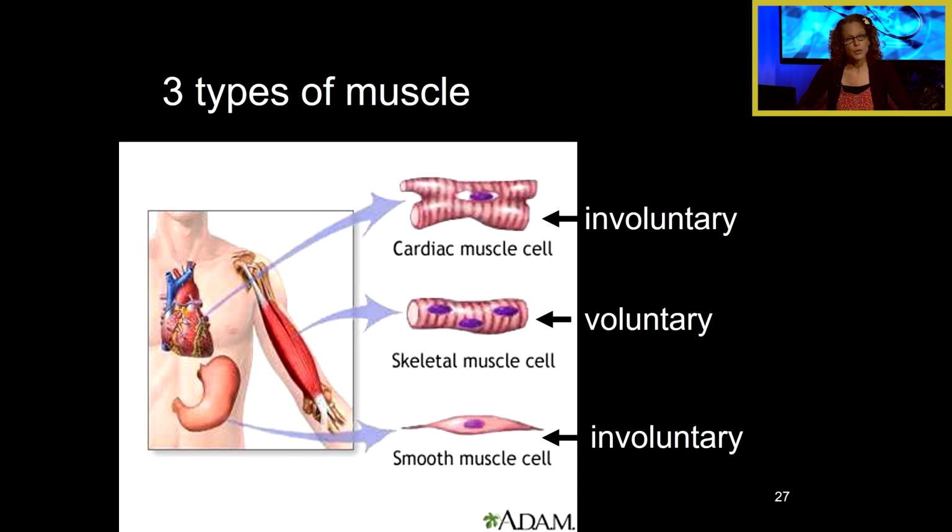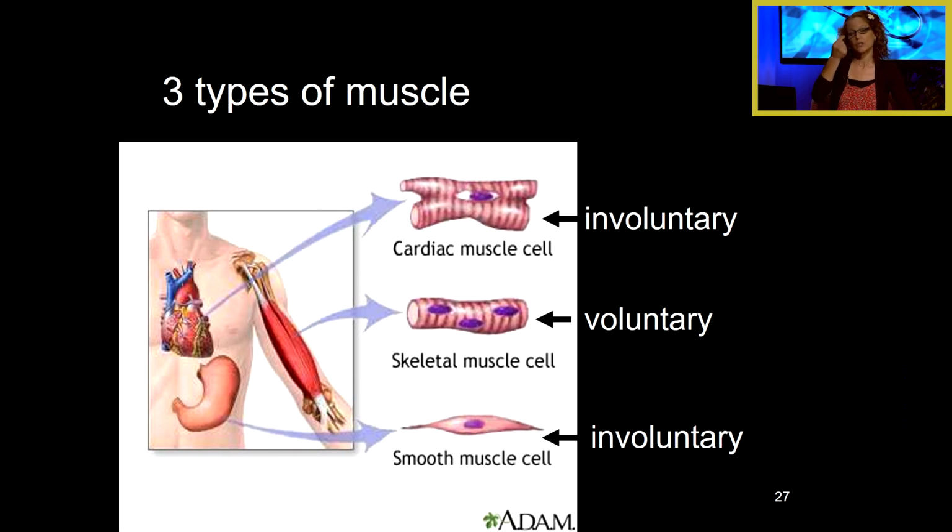Like we said, skeletal muscle cells are voluntary, meaning that I will my muscles to move. And then there are some other involuntary muscles called smooth muscles. The best example of a smooth muscle would be the peristalsis that takes place in our bowels.